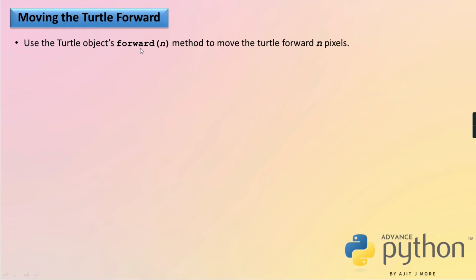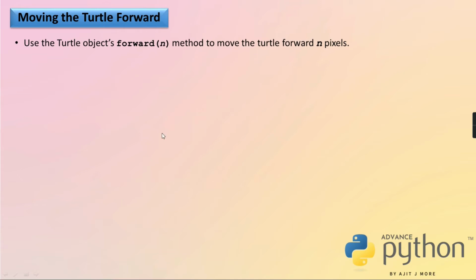You can write forward, or FD is also valid. Generally people who don't want to show the code but just want to produce a pattern will not write the whole word forward; they will use FD only. n is the number of pixels, so it is a method to move the turtle forward by n pixels.